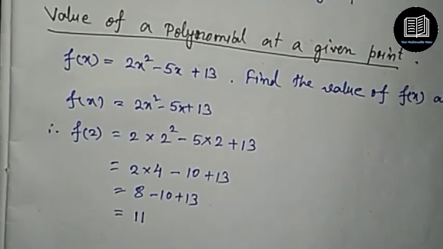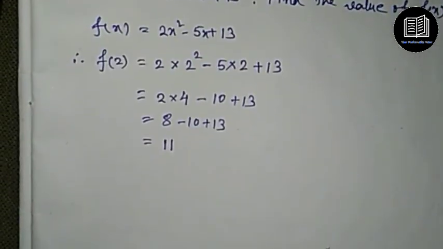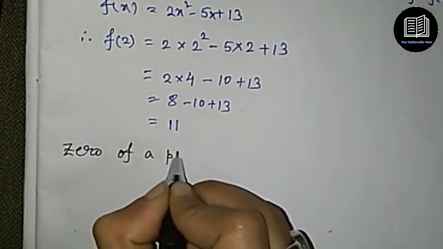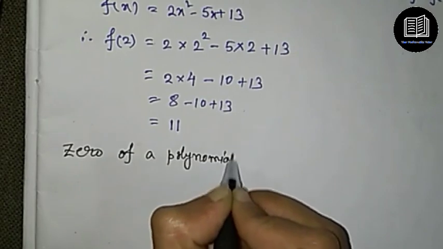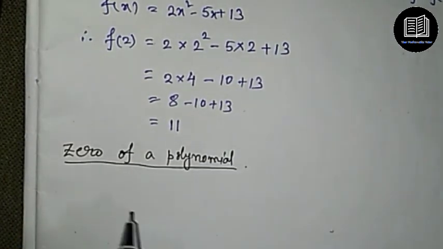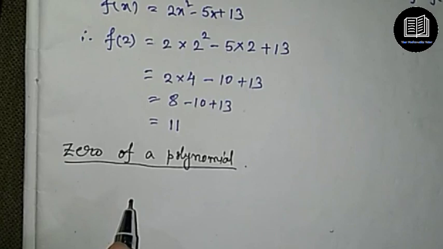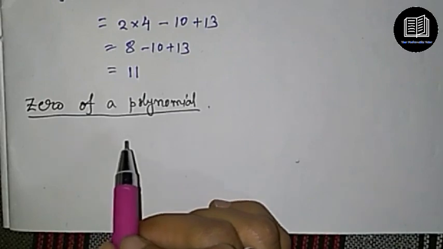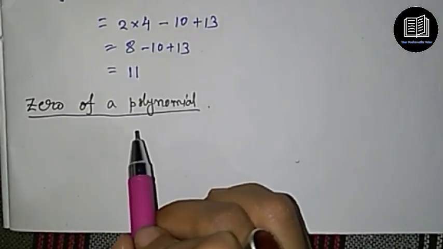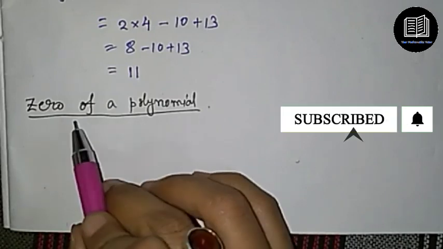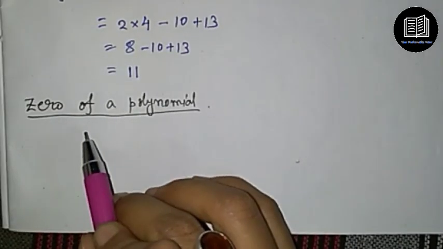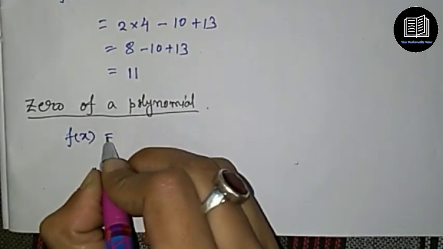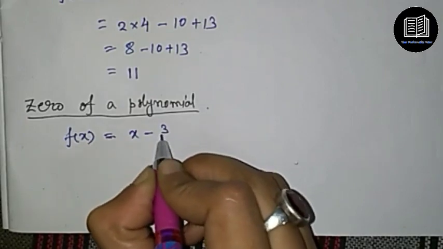Clear? Now go to the next part, that is zero of a polynomial. We have previously discussed zero of a polynomial. Let us revise it again. Zero of a polynomial means the point where the polynomial becomes 0. Suppose there is a polynomial f(x) equals x minus 3 by 2.